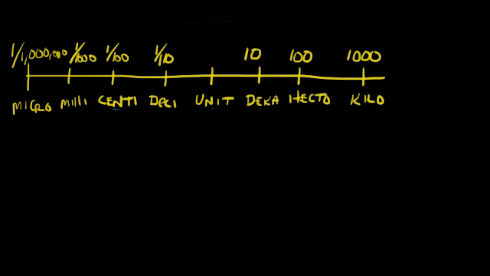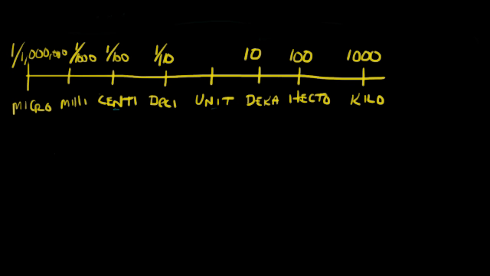If you look at your number line, I've added all of the units, 3 prefixes above the unit, 4 prefixes below. And what's important to know is to memorize how many units there are between these units.